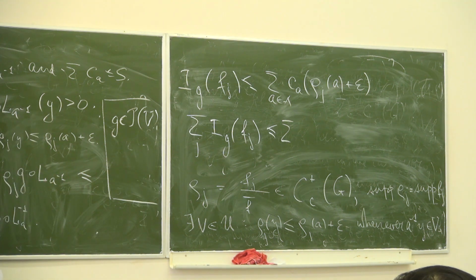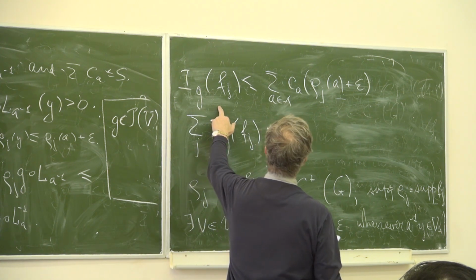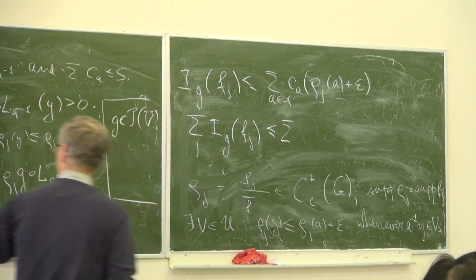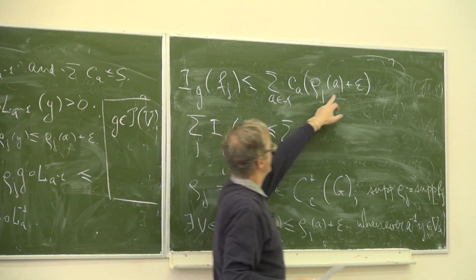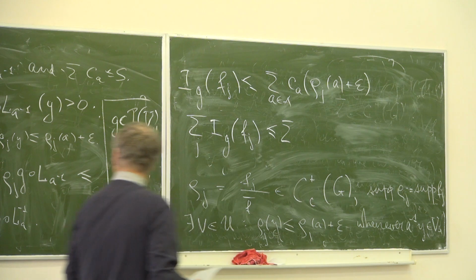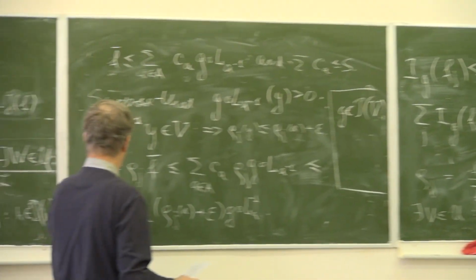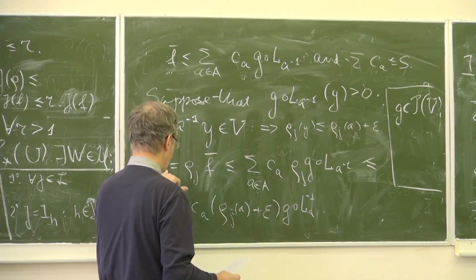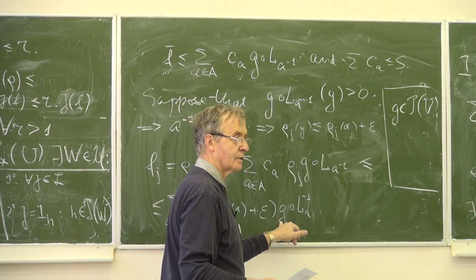Where is G on the right hand side? It should be on the right hand side. This is a number. So we have such a majorization with G here. Then ij of this function doesn't exceed the sum of the coefficients.